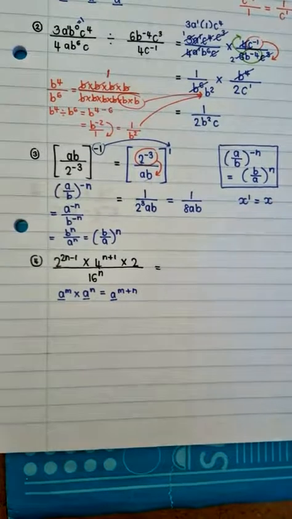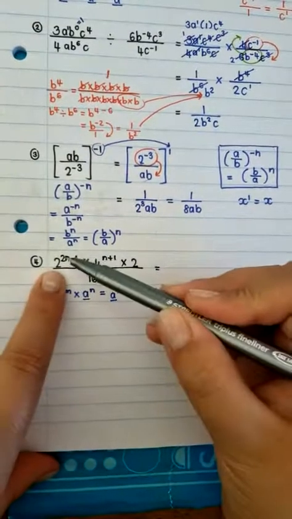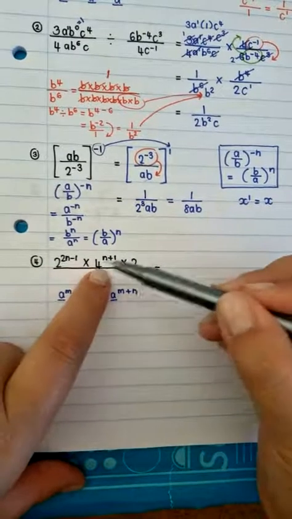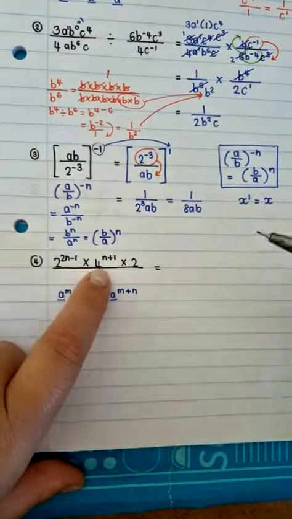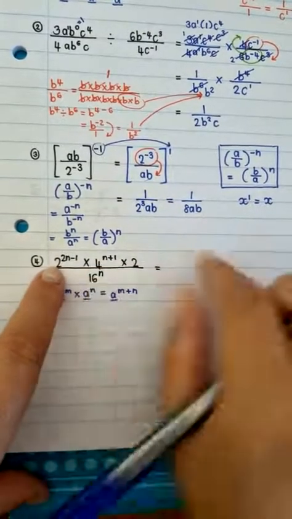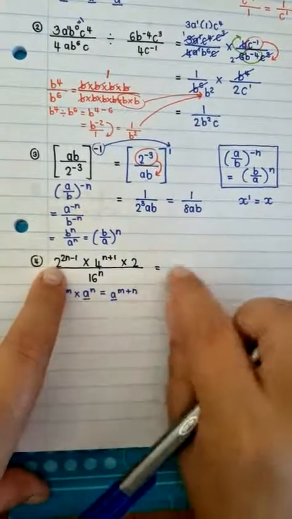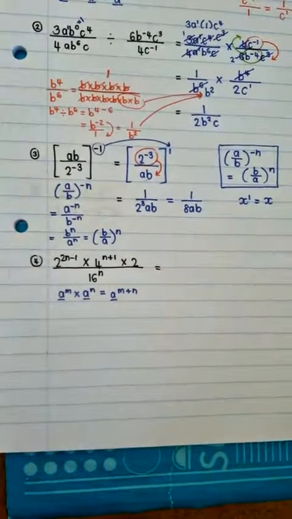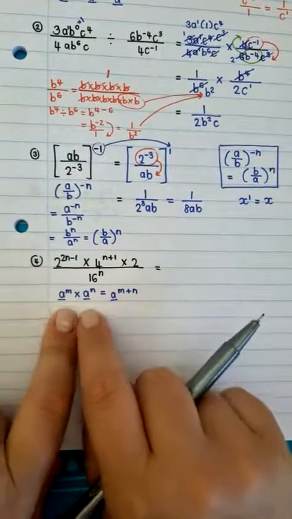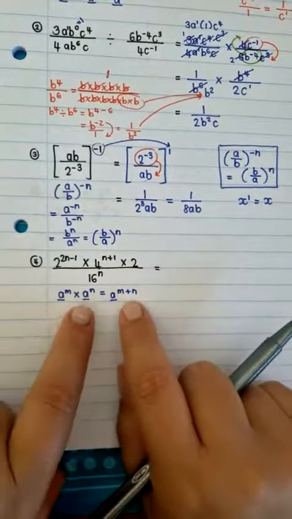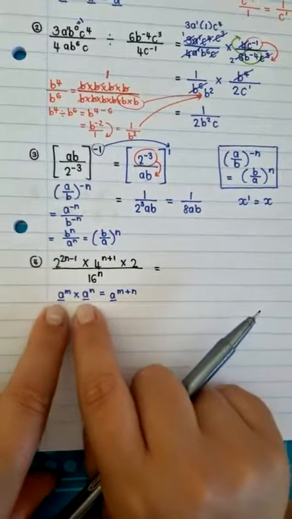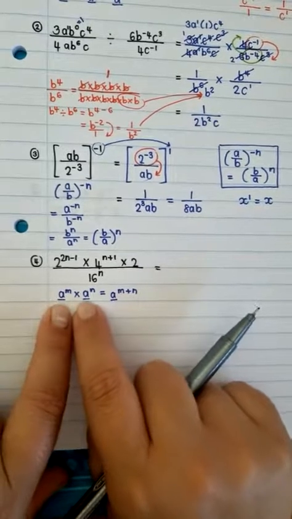It's a very common mistake where people say that if you have a 2 to the power of something multiplied by a 4 to the power of something, many of you think you can just say, okay, 2 times 4 is 8, so I'm going to write an answer of 8 and I'm just going to add those exponents together. Guys, that is completely wrong. You can only add the exponents together if the original powers have the same bases.